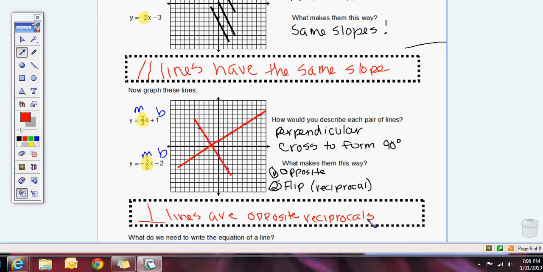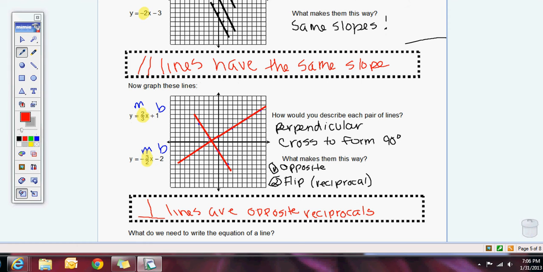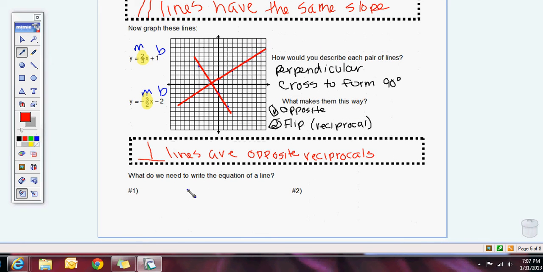Opposite reciprocals. Alright, so what do we need to do an equation of a line? We need the slope, which we had up here, these are our slopes, and we need a point. So think of point slope form.